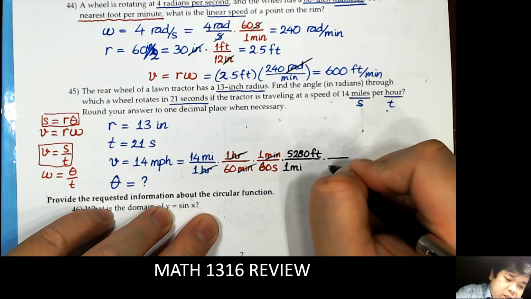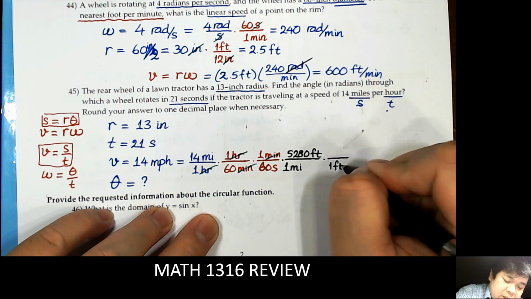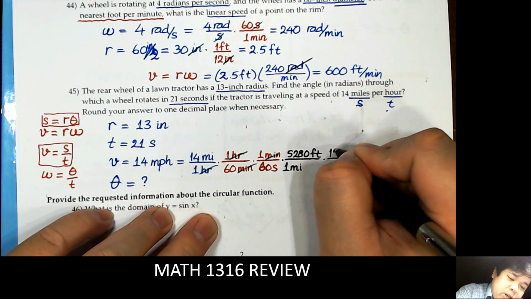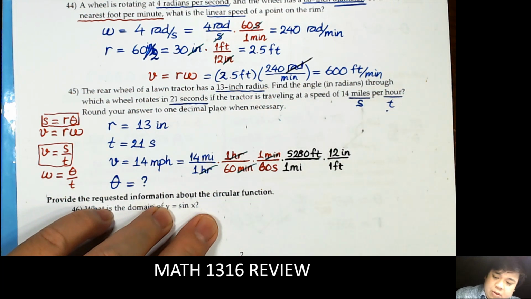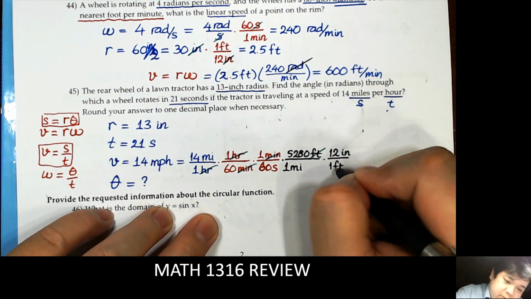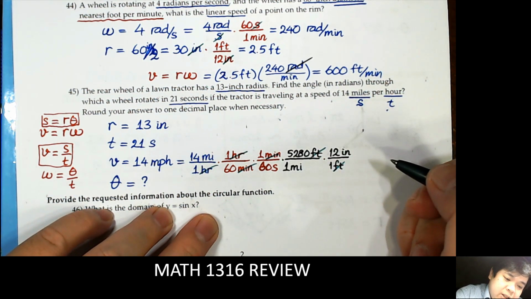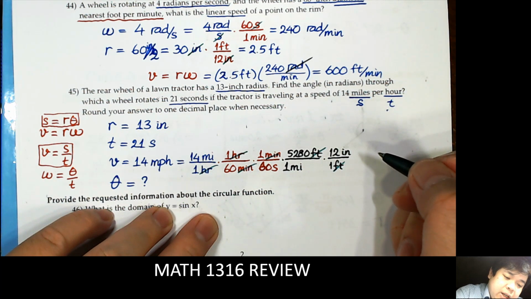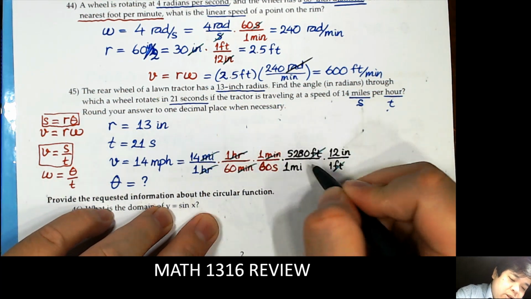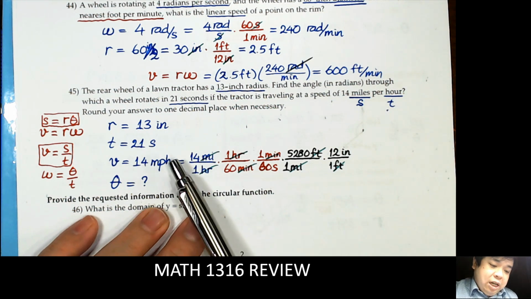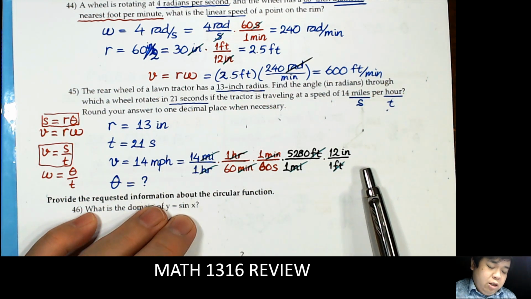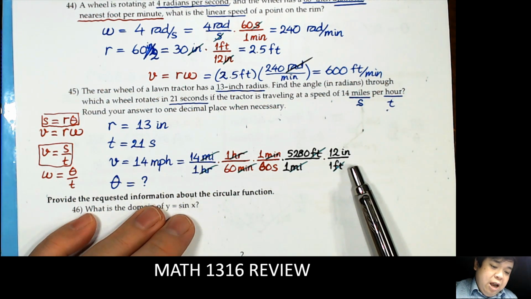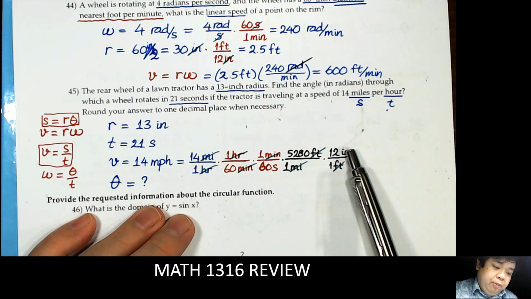And 1 foot is 12 inches. We cancel the feet and the mile. Finally, we just do all the numbers, and then the unit will be inches per second.